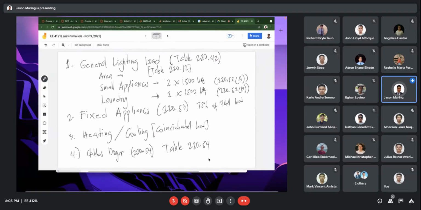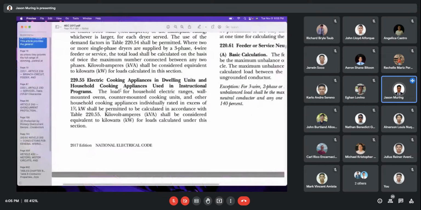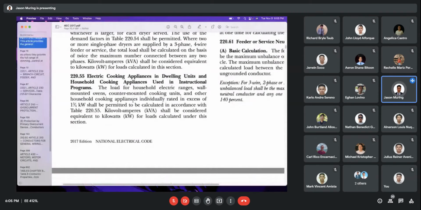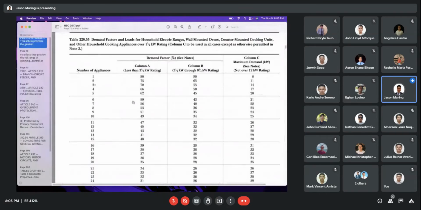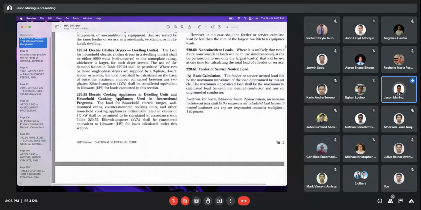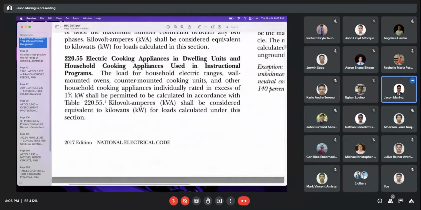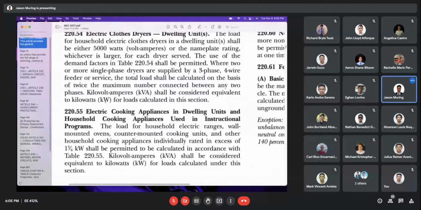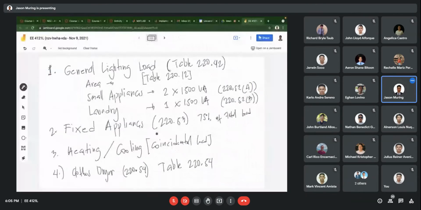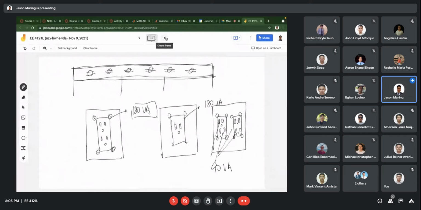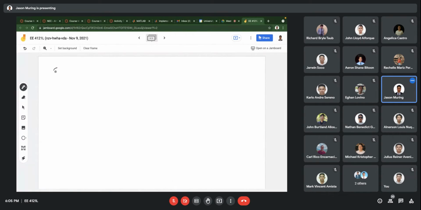For the next part, the countertop cooking equipment. We have a very long table for this section alone, 220.55. The fifth component, let's just call it ranges.